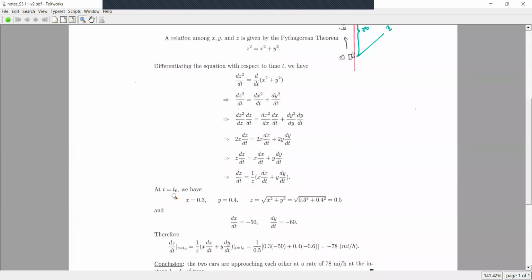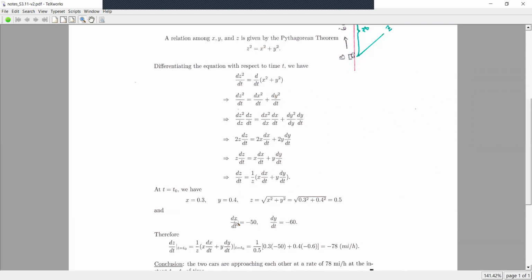Now, consider the instant t0. At t0, x is 0.3, y is 0.4. c by the Pythagorean theorem is 0.5. And the derivative of x with respect to the time t is negative 50.